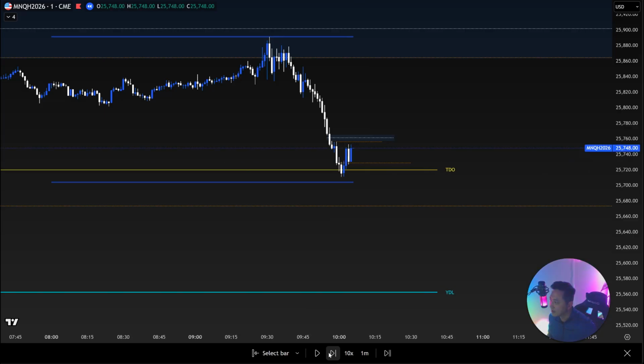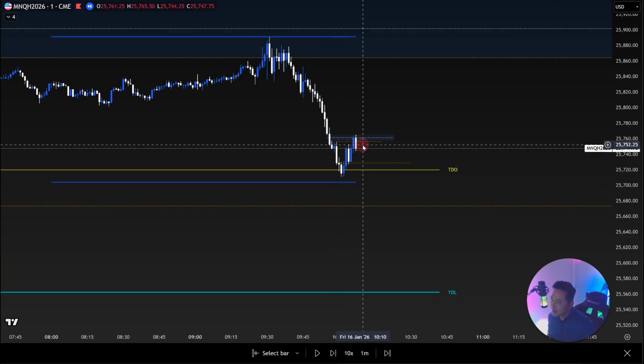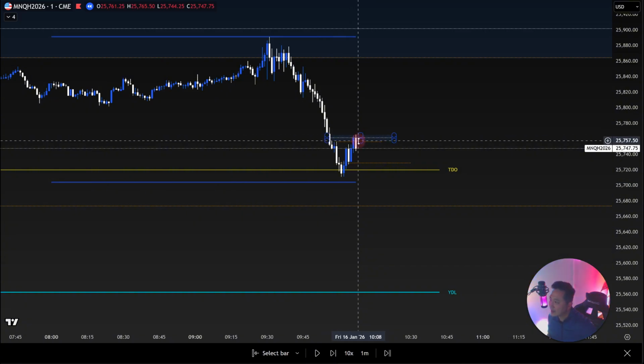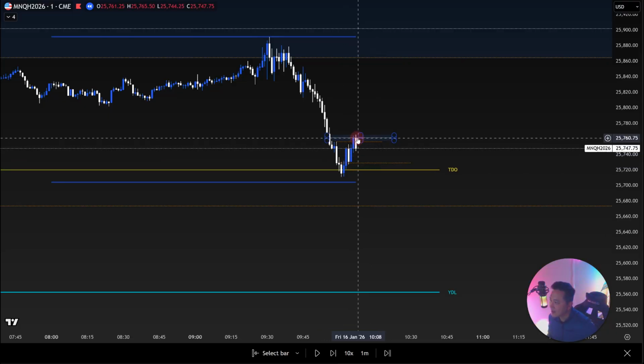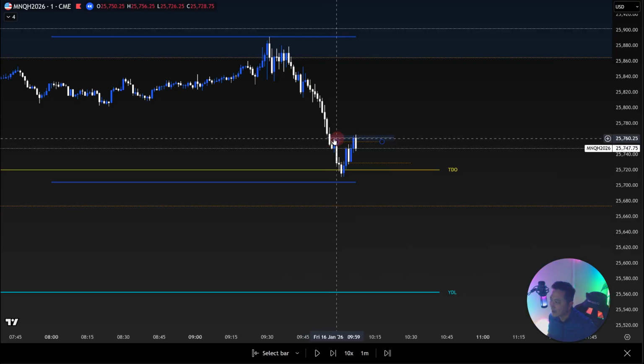Okay, and so price comes back up, over, and hits our point of interest here. Now, just because it hit the point of interest doesn't mean that we have a setup or an entry. We need to see price give us a change of character. So you can see here we have these two up close candles that trade into the point of interest, and we also sweep out this internal high.